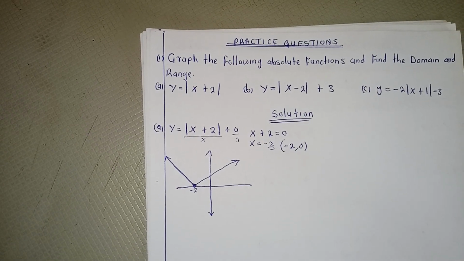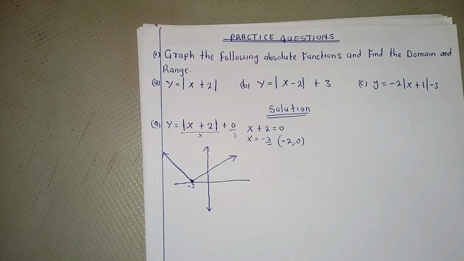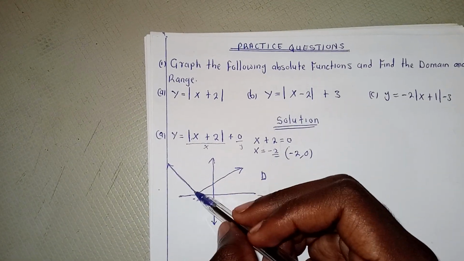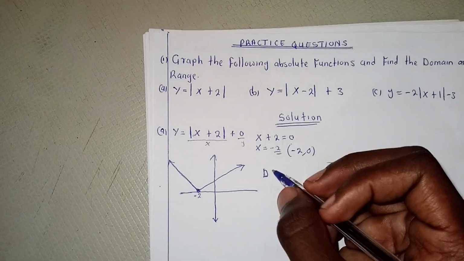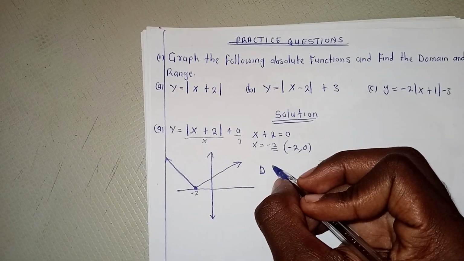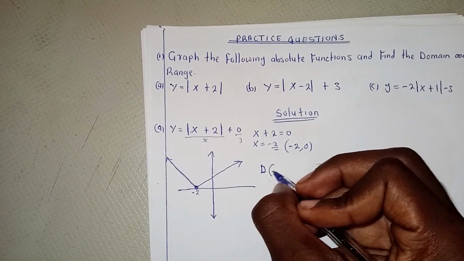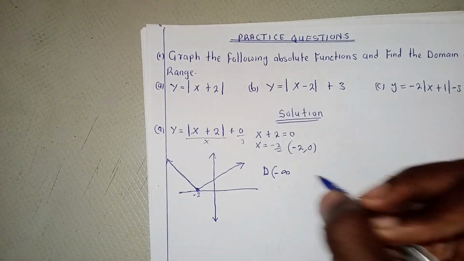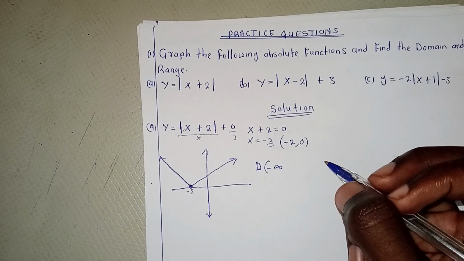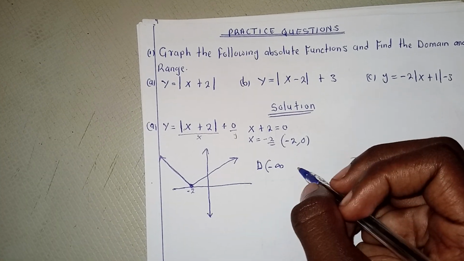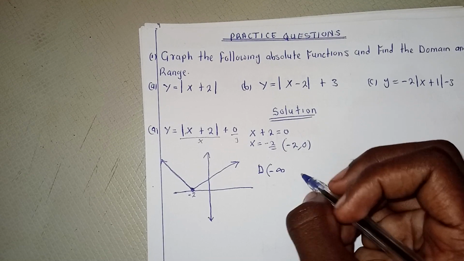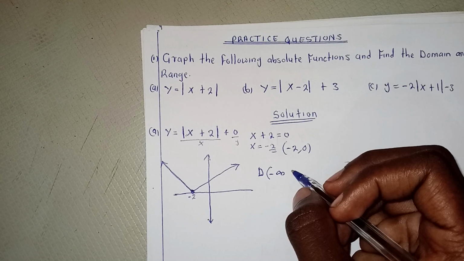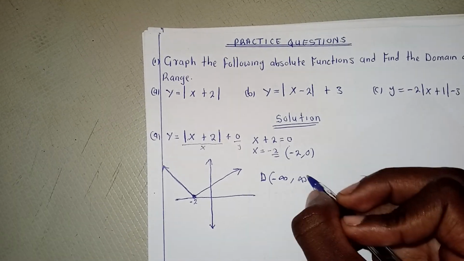It's very simple. Now, how do we find the domain? To find the domain for this guy, remember it's coming from here going to this side. So the domain is going to come out from negative infinity up to some point, positive infinity.